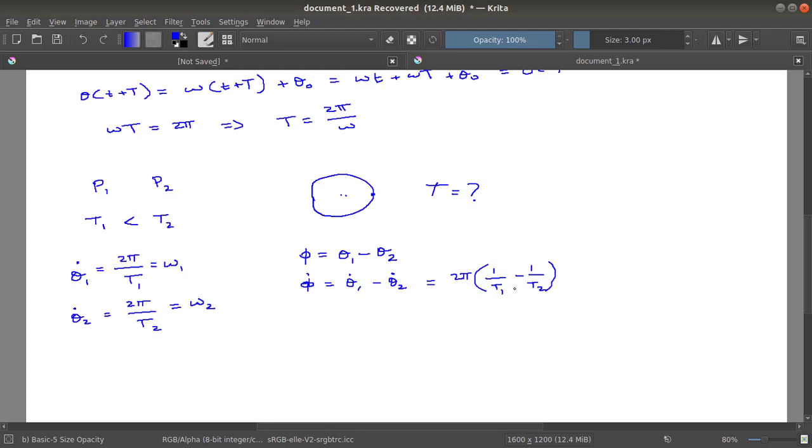The time period for phi is 2 pi divided by phi dot, so the capital T is equal to 2 pi over 2 pi times 1 by T1 minus 1 by T2, which is the whole inverse of 1 by T1 minus 1 by T2. So that's the time period.